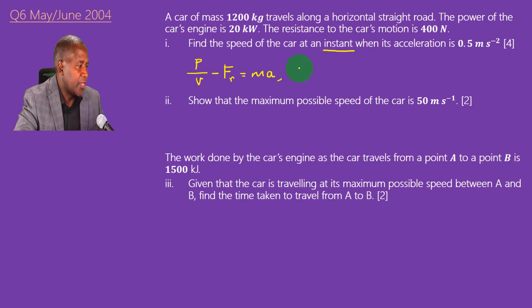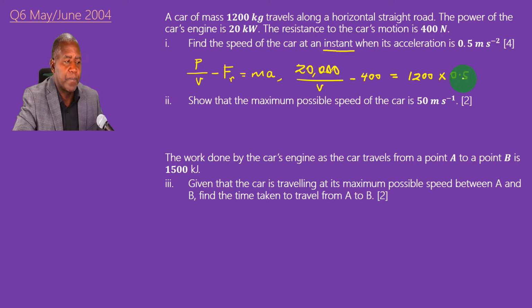If we substitute, the power is 20,000 over the speed, which is what we want to find, minus 400 is equal to ma. That will be 1200 times 0.5. So we can simplify this.